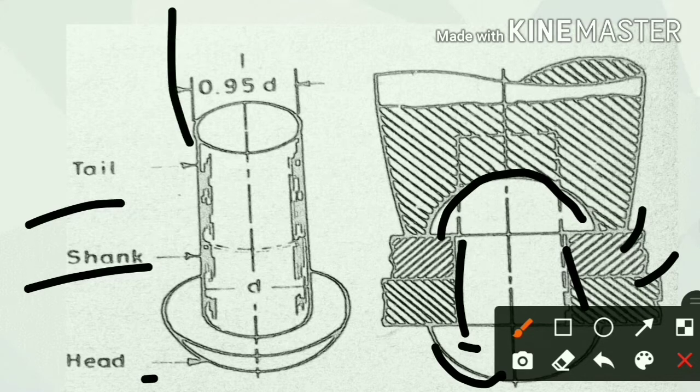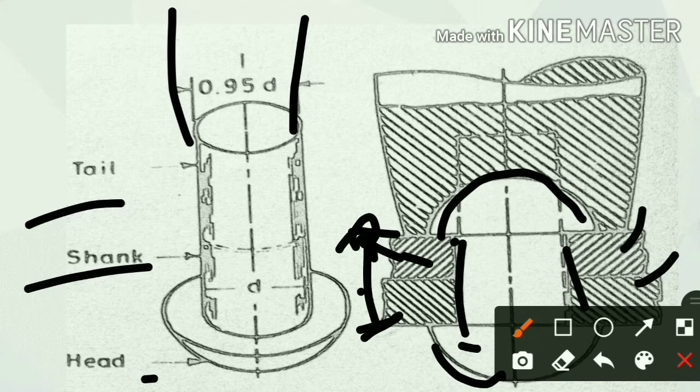This dimension means diameter 0.95D. One plate is placed above another plate, and the total thickness of the plates is the total length of the rivet. Here one head, second head.